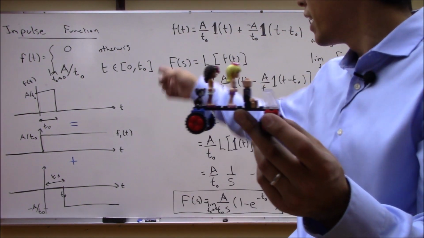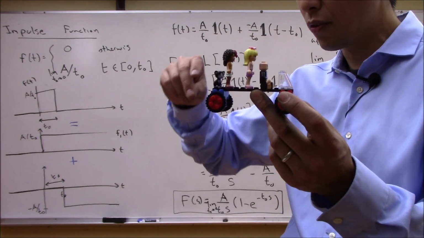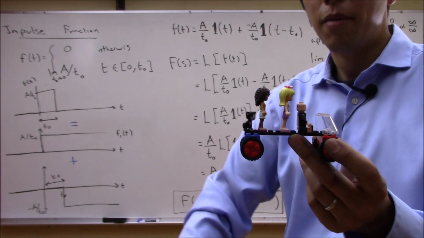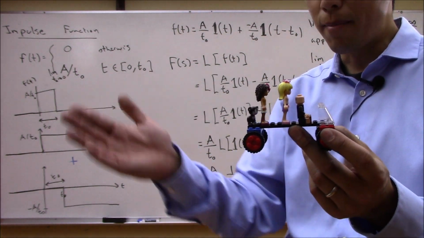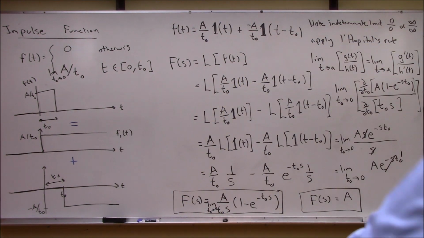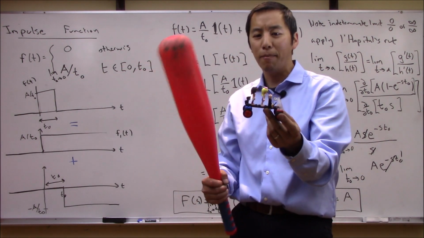That was a pulse. Now this impulse is, instead of pushing for a finite duration, you're pushing for an instantaneously short amount of time, but you're cranking that up, right? The amount of force is a lot. So it's again physically unrealizable, but a good approximation might be if you hit something with a baseball bat.